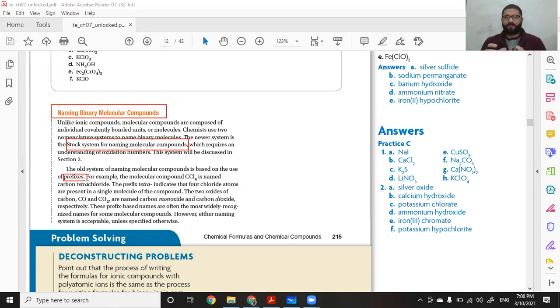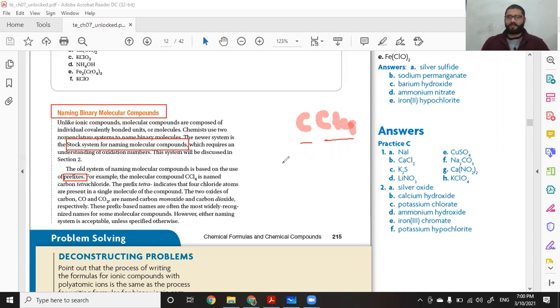The stock system of nomenclature deals with the oxidation number of the elements. Regarding the oxidation number, we will discuss this in the next section of the same chapter. Right now, we will focus on the old system of nomenclature, that is the prefix system. If we have a chemical compound CCl4, there are 4 chlorine attached to a single carbon.